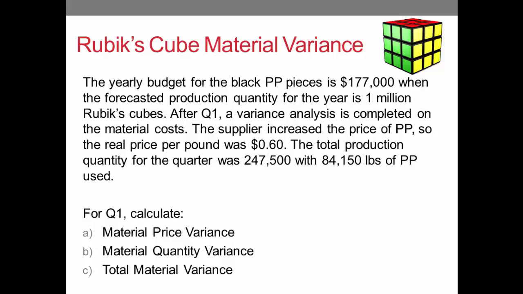The total production quantity for the quarter was 247,500, using 84,150 pounds of polypropylene. So what we want to find here is the material price variance, the material quantity variance, and then the total material variance.